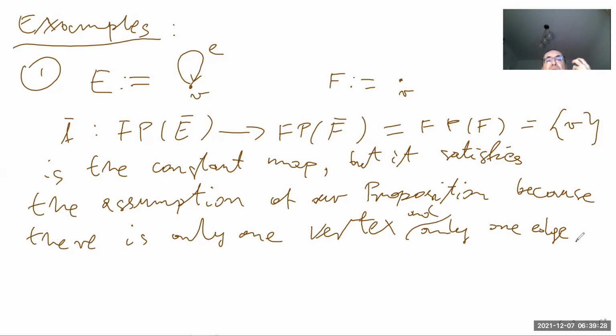And this is, of course, as if it is a trivial example, but it's interesting because I must admit that I would always assume that I'm mapping edges to paths that are longer than one. But here's an example that nobody can stop you from mapping an edge into a vertex, and it works.